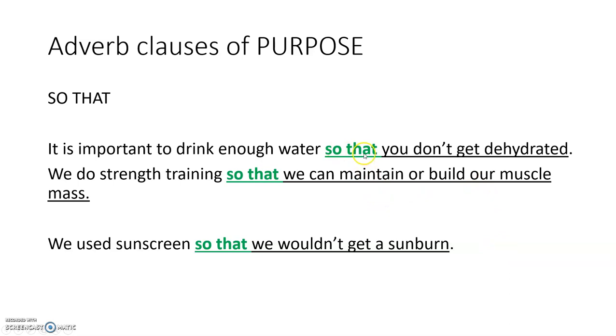You are creating an adverb clause. I strongly recommend that you use the subordinator so that when you are talking about a purpose. Do not use simply the word so, because technically that's a different meaning. Also, using the complete so that, the complete subordinator, is going to help you remember the structure of your sentence.